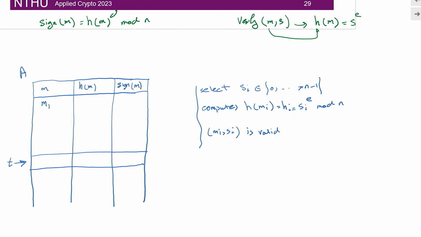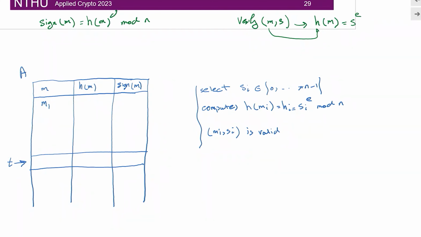How do we do so? We select our signature to be some random value from 0 to n-1, any of those values. And since we are also creating the value output of the hash function for this message, we can define the output of this hash function to be S to the power E mod N. Okay.